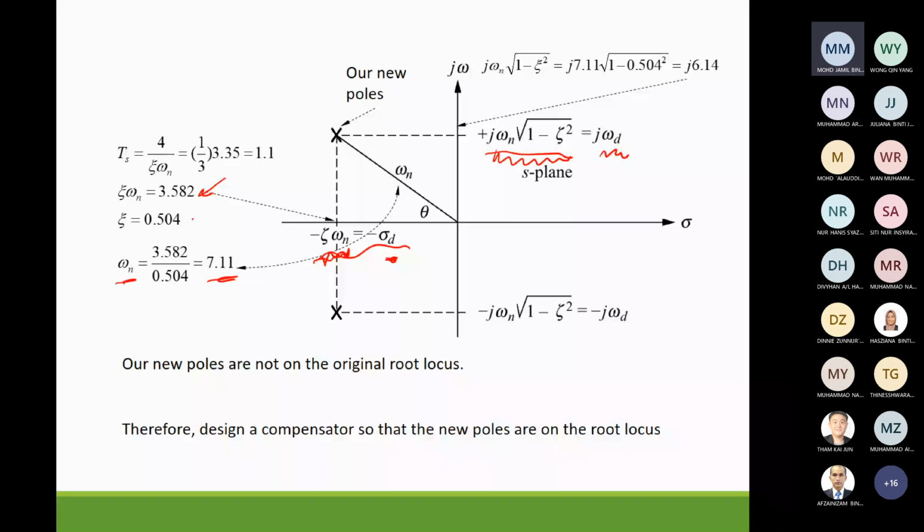However, when you determine the new poles, you will see that they are not on the original root locus. So you need to design a compensator so that the root locus will change in shape and cross the new poles. So how to determine that?